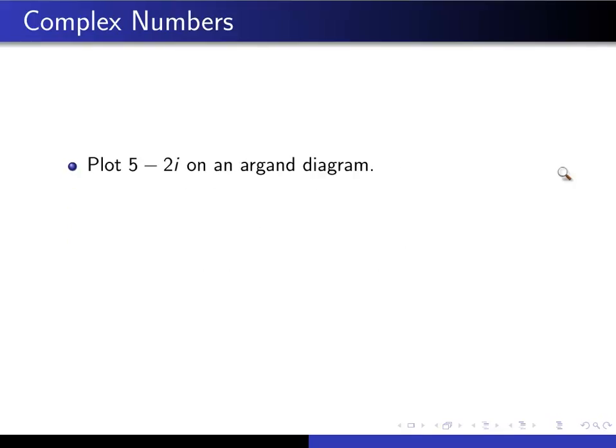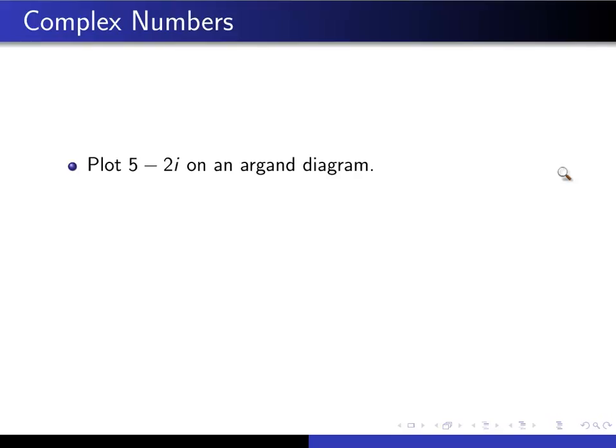So we just have the last bit to do with Argand diagrams, which I'm not going to do within this system, but I'll just write it out on a pad. All we need to do is plot 5 minus 2i on an Argand diagram.